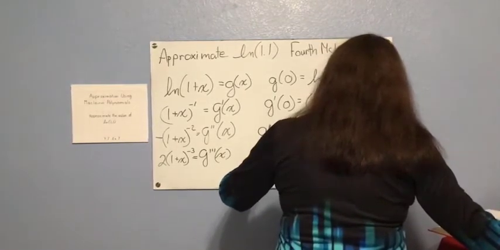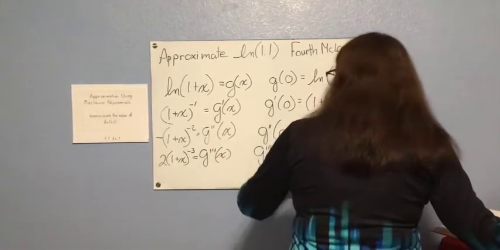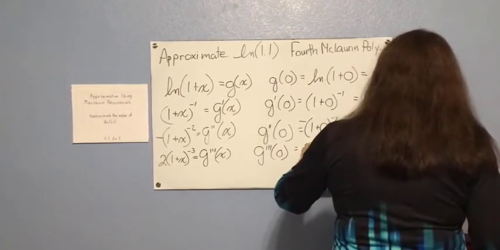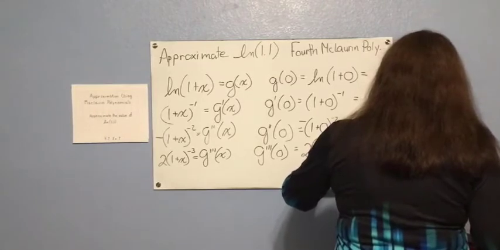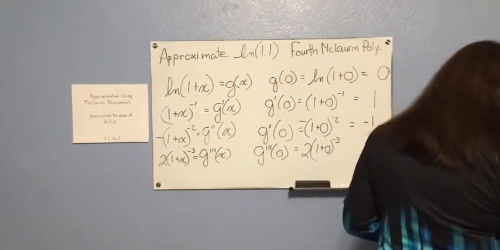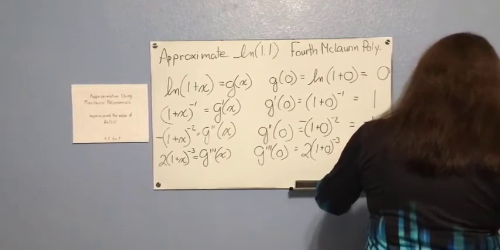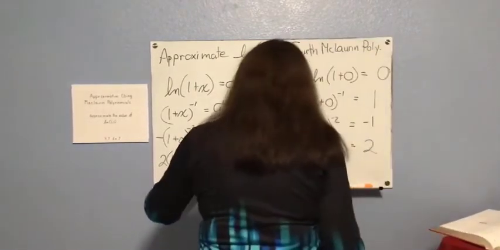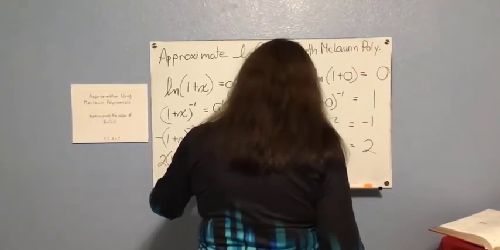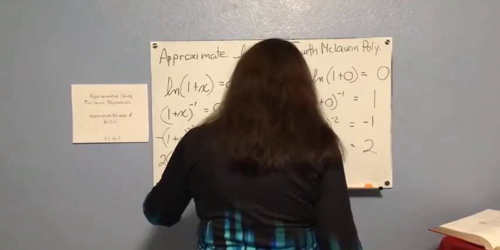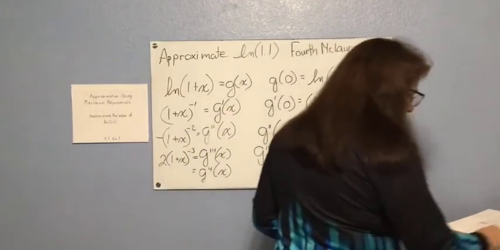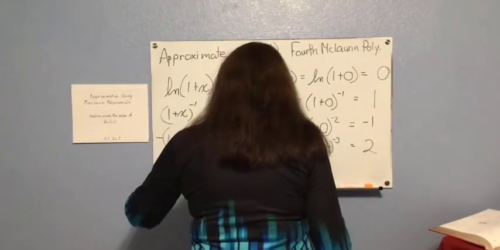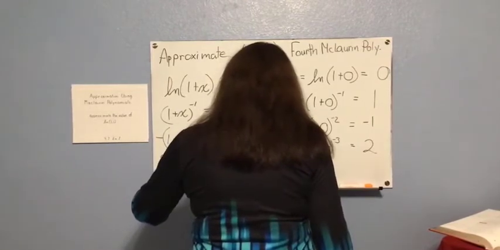So the value of the third derivative at 0 is going to be 2 times 1 plus 0 to the minus 3, which just equals 2. And then our fourth derivative is equal to negative 6 times 1 plus x to the minus 4.